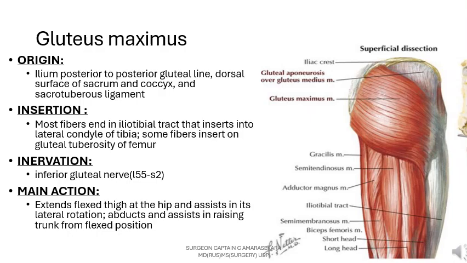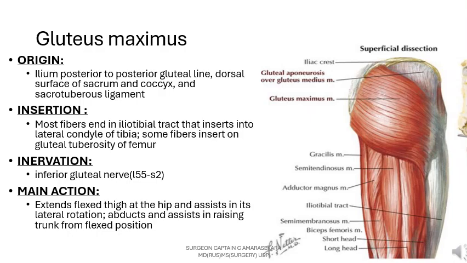Most fibers insert into the iliotibial tract, which continues down to the lateral condyle of the tibia. Some deeper fibers insert directly onto the gluteal tuberosity of the femur. This dual insertion allows the muscle to influence both hip and knee mechanics.